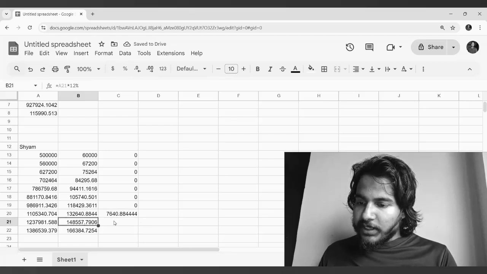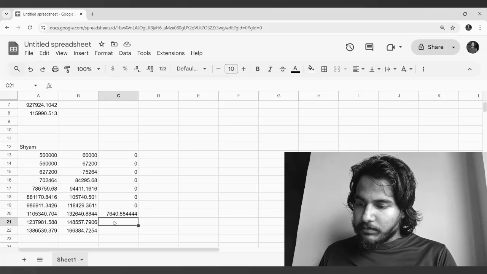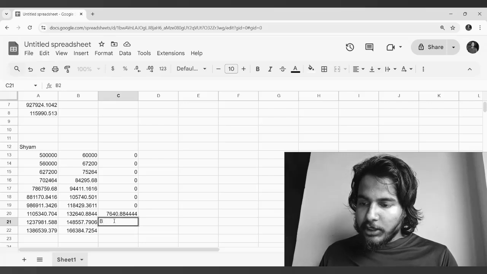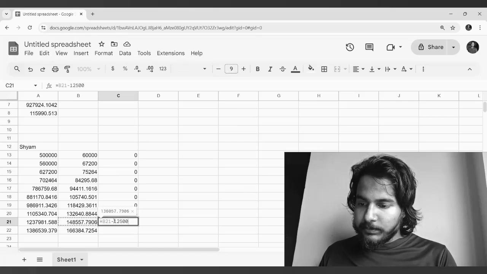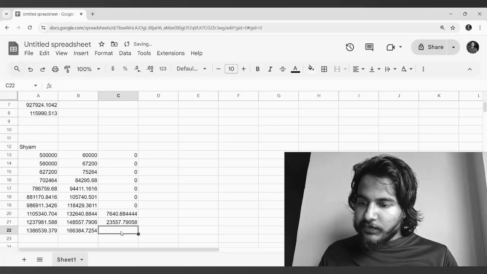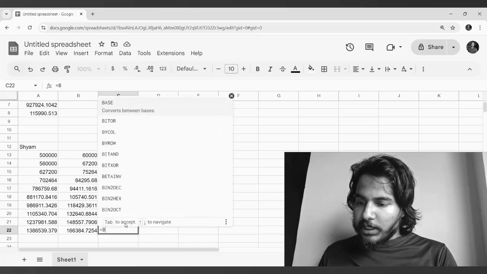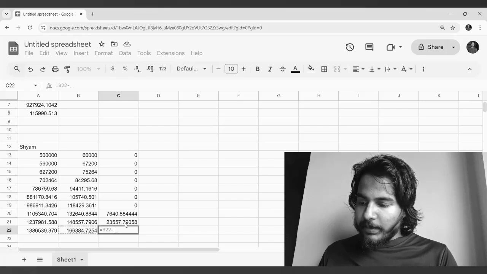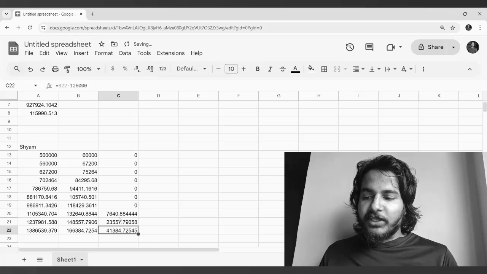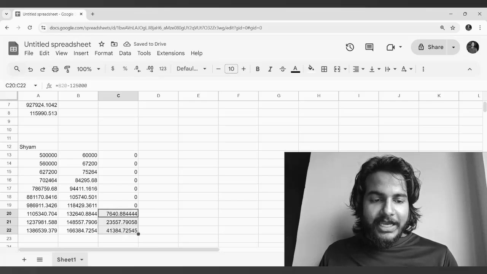For this one, B21 equal to B21 minus 1,25,000, and the same for this one, B22 minus 1,25,000 tax exemption. So I am applying the tax exemption for all of these three here. This is the value I am getting here.